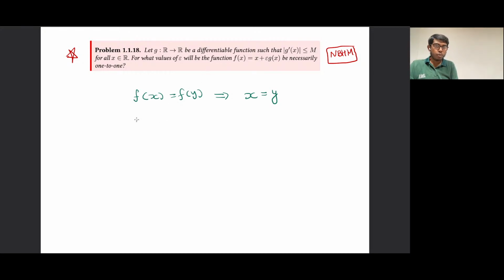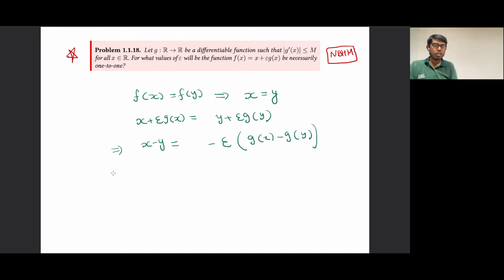So x plus epsilon g(x) equals y plus epsilon g(y). This implies x minus y equals minus epsilon times (g(x) minus g(y)), and therefore minus 1 by epsilon equals (g(x) minus g(y)) by (x minus y).